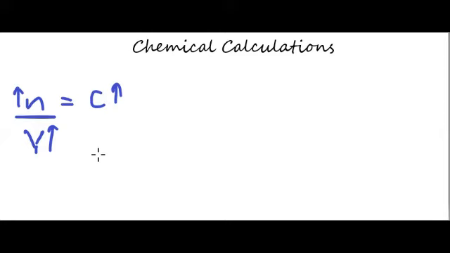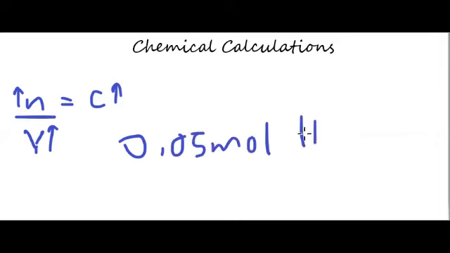So in that case, for an example, to calculate concentration, there is 0.05 moles of HCl in a volume of 15 dm3. 0.05 divided by 15 would be 3.33 into 10 to the power minus 3.